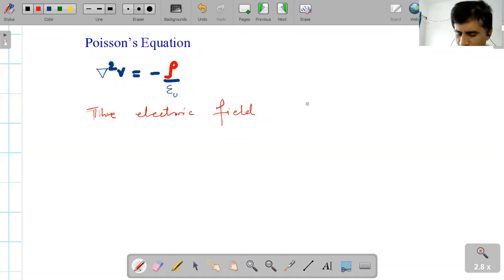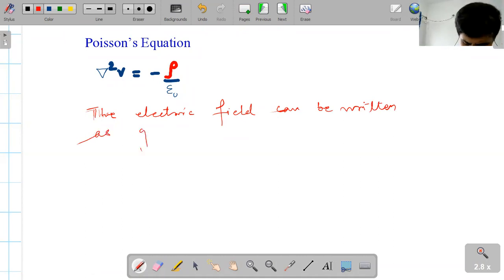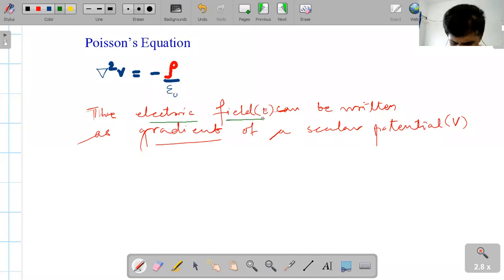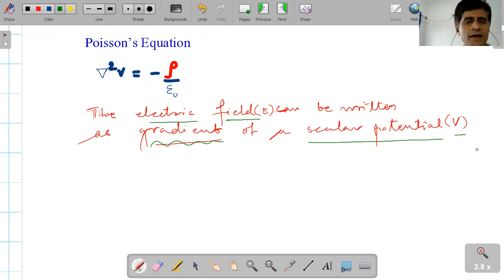The electric field can be written as the gradient of a scalar potential V. The important word here is that the electric field is the gradient of the scalar potential V.